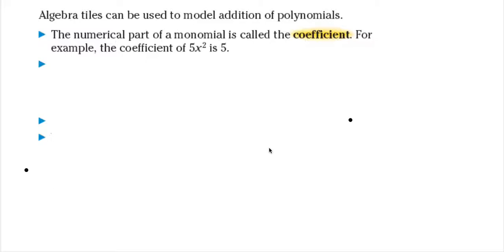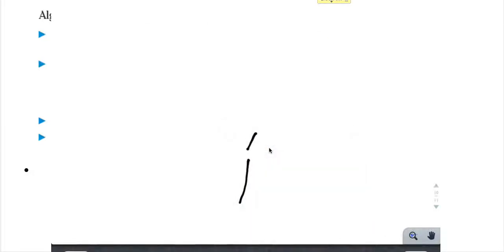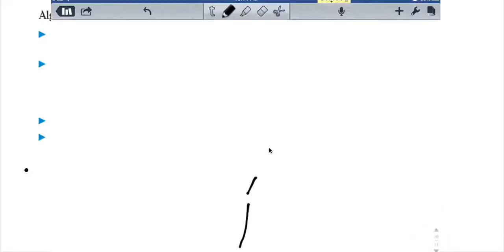Let's say I have the monomial 7y squared.